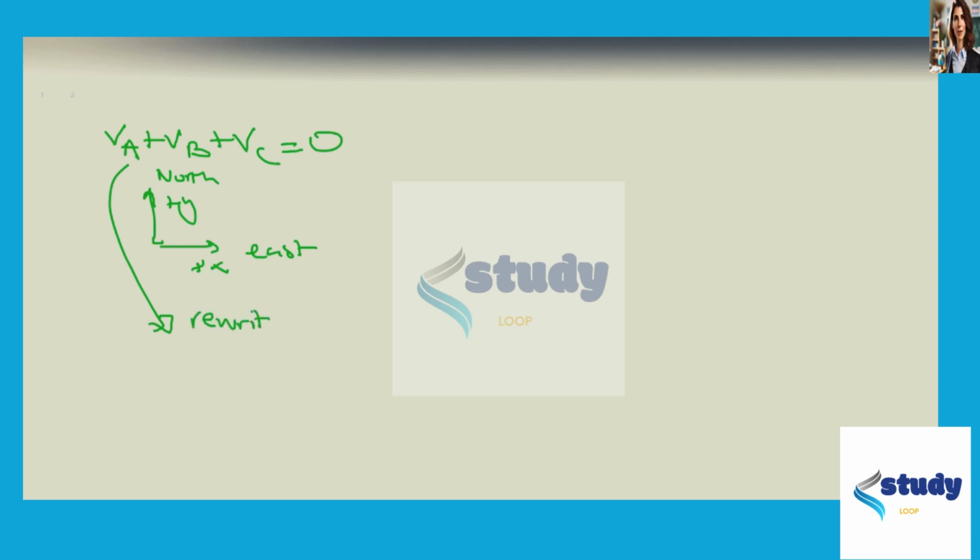So we say velocity of A is Vax i hat plus Vay j hat, in terms of unit vectors.